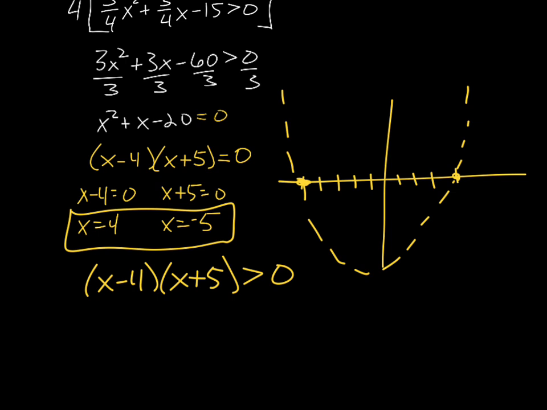I'm looking at this one here. What I said is if A is not positive 1 or positive anything, multiply everything by a negative to make it positive. If you do that, this would have to flip the other way. Then, once that's true, you're just looking at this.